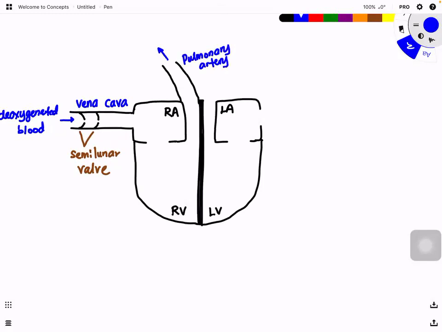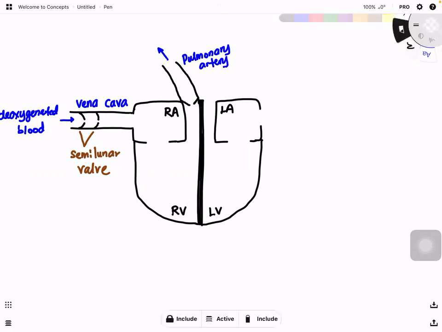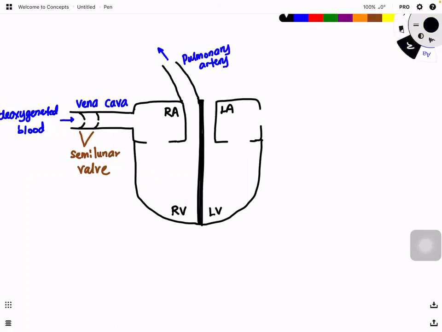Between the pulmonary artery and the right ventricle of the heart, we also have a valve. Oh, sorry, reverse, wrong direction.